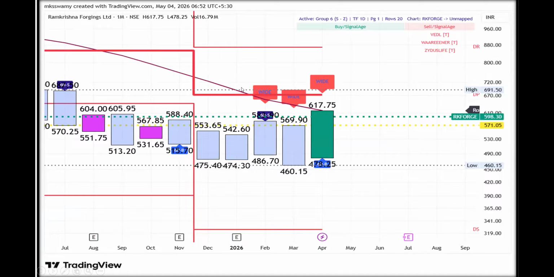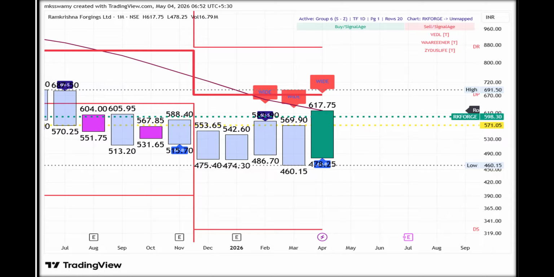This one is the Ramakrishna Forgings. It was continuously falling since 2023, it was in a continuous downtrend, very good forging stock. But now you can see this stock is showing a reversal signal, consecutive widest bars. Still the trend has not flipped, and on the monthly the pivot price has not climbed, but you can consider it on the daily time frame.